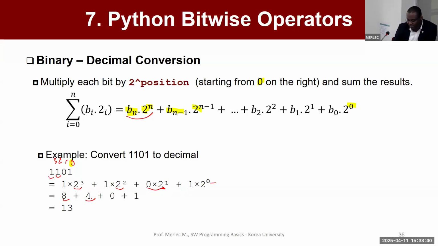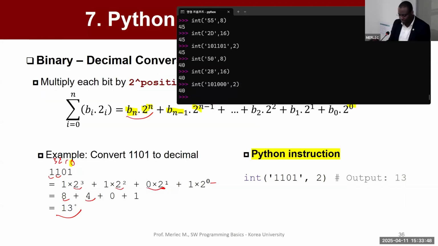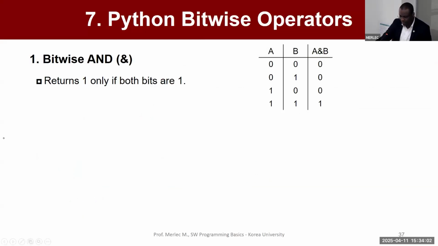This will be 8 plus 4 plus 0 plus 1, which will give 13. To check that, you can also use the Python interpreter with int. Then you take 1101. This will give you 13. Okay. I hope it's clear for everyone.